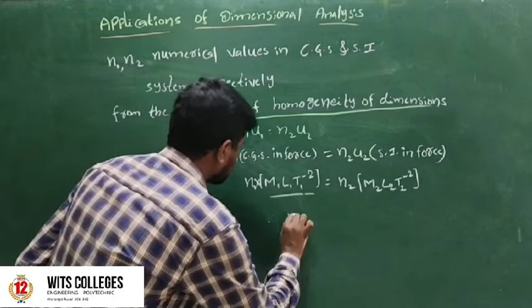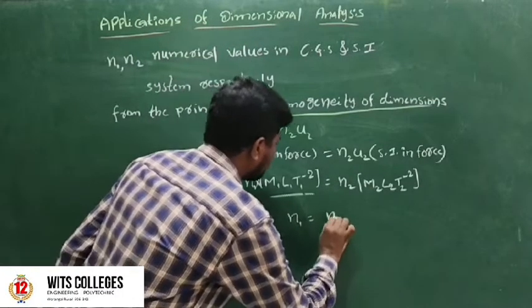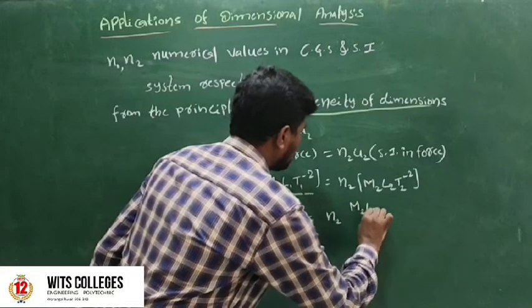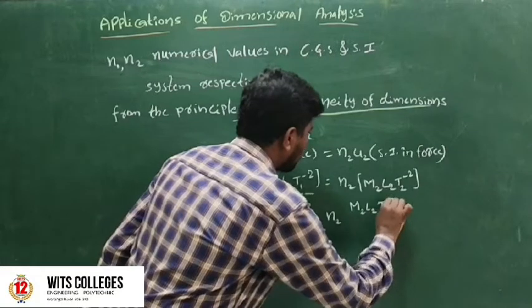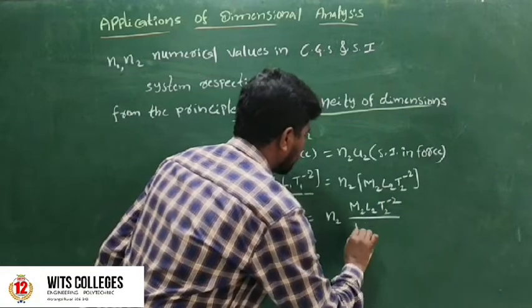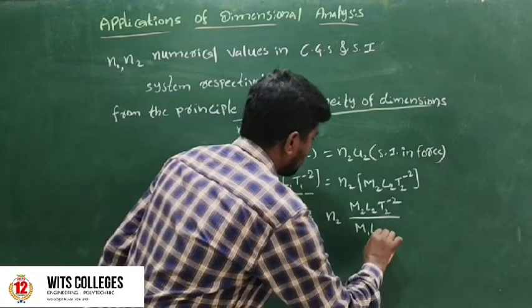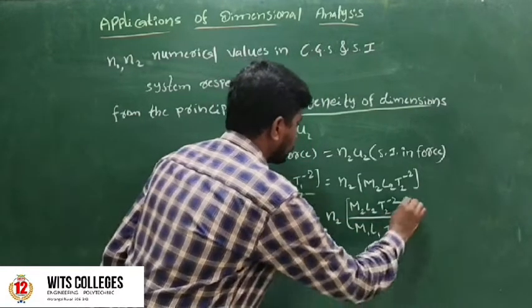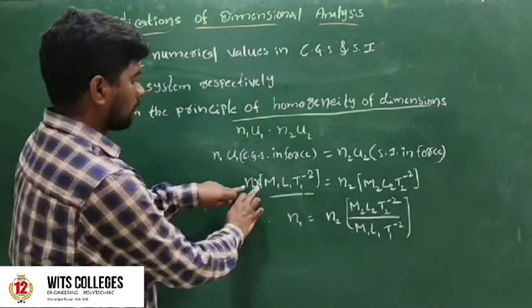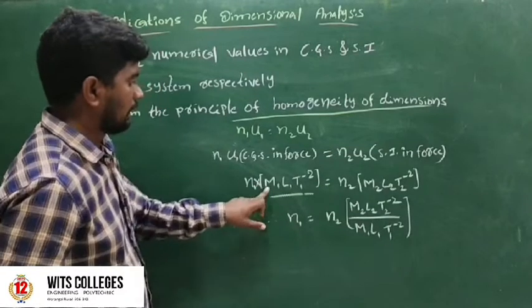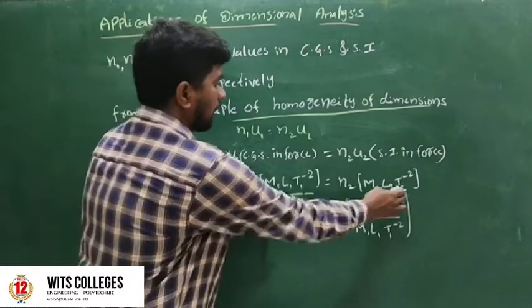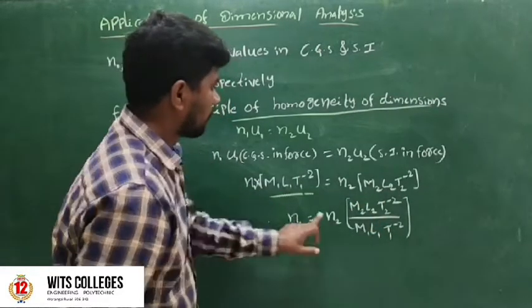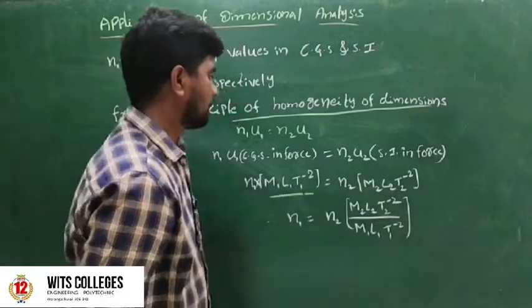Therefore N1 equals N2 into M2 L2 T2 to the power of minus 2 by M1 L1 T1 to the power of minus 2.